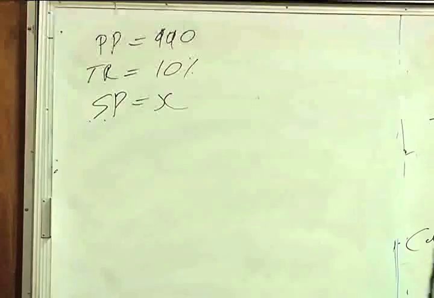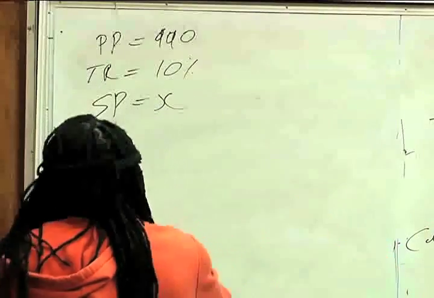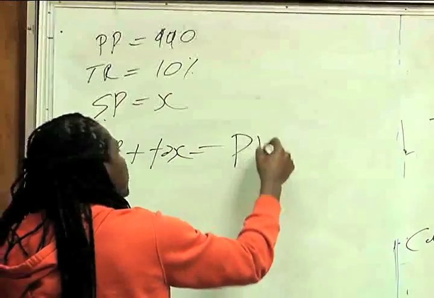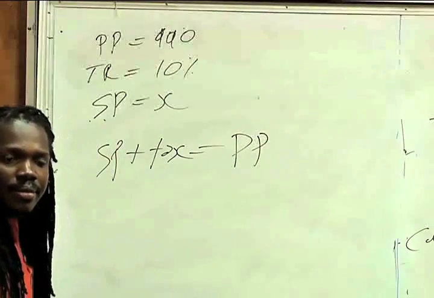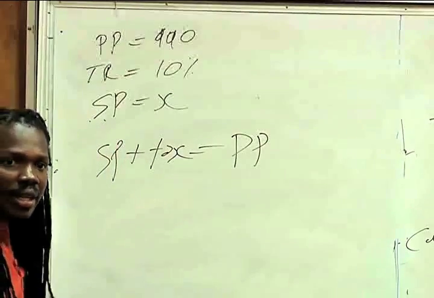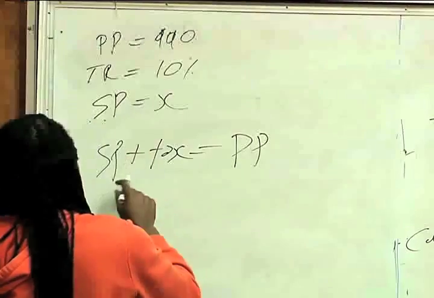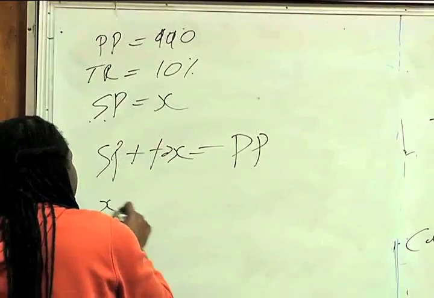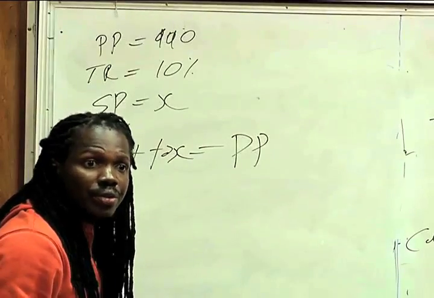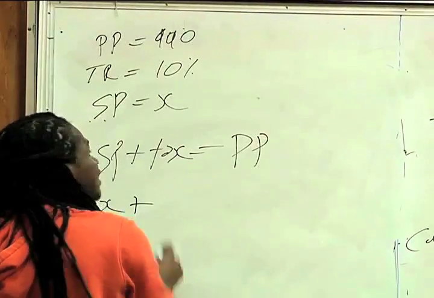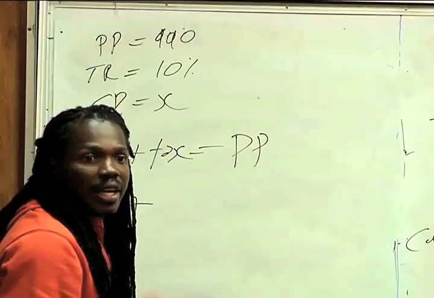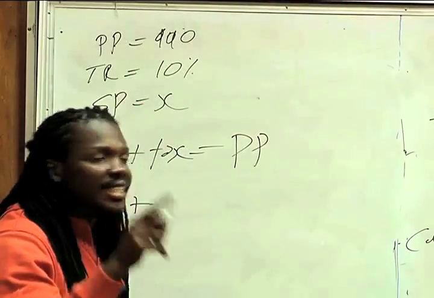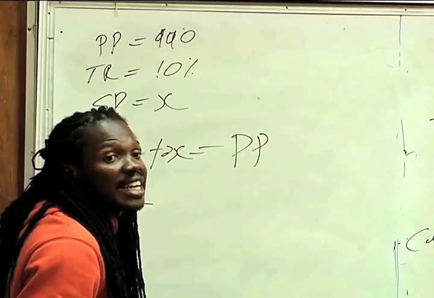So therefore my equation is selling price plus tax equal paid price. Selling price equal to what? Equal to X, unknown. Plus tax. What is tax? 10%? No, that is tax rate.